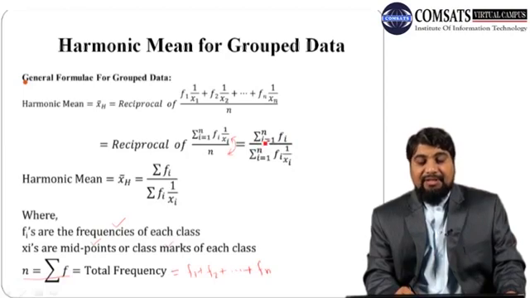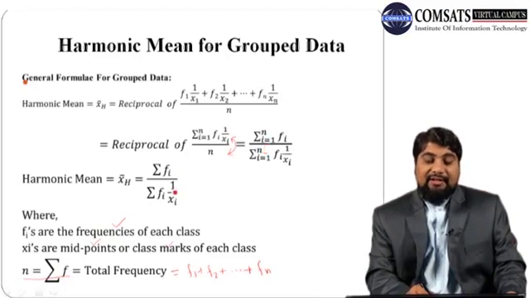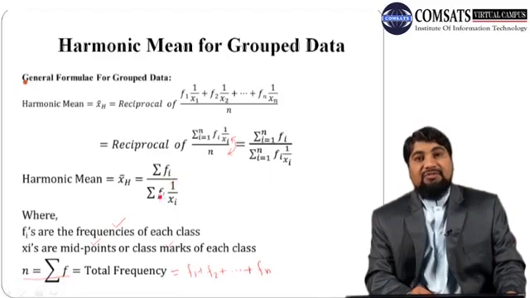So harmonic mean is summation fi, where i ranges from 1 to n, whole divided by summation fi times 1 over xi, where i ranges from 1 to n.